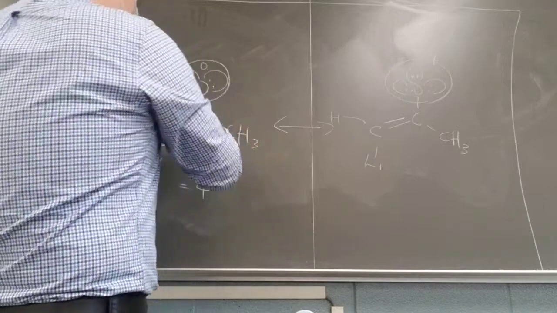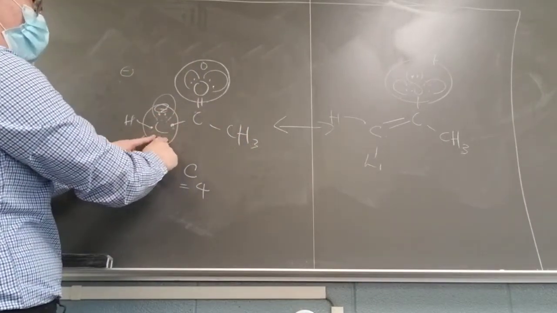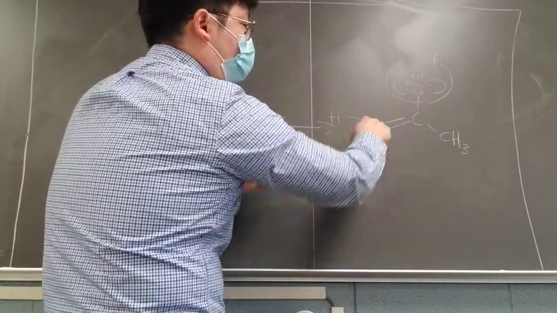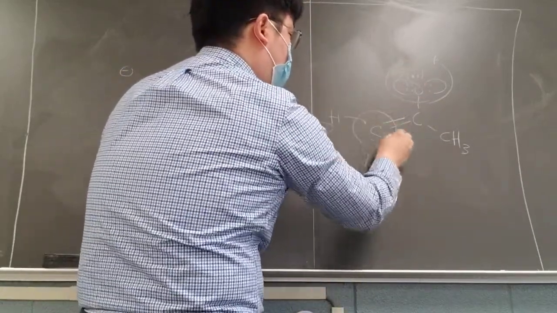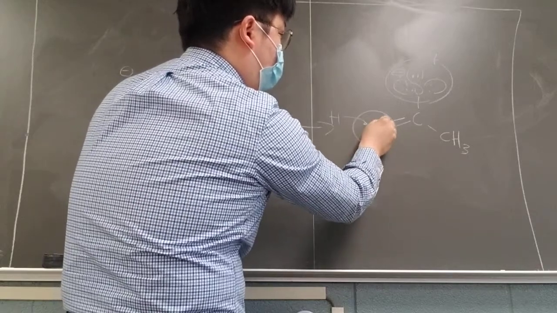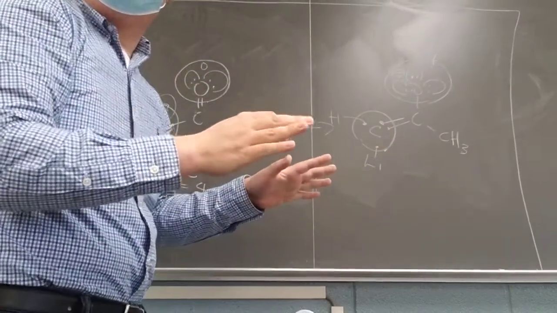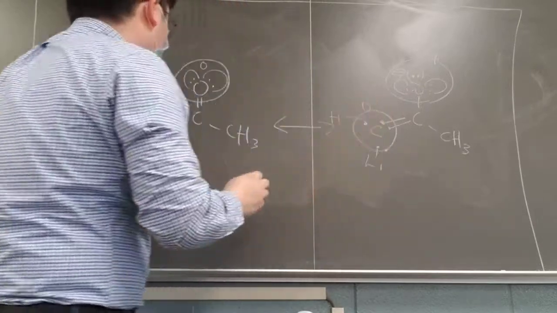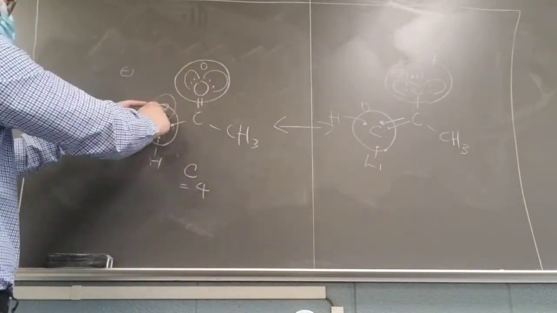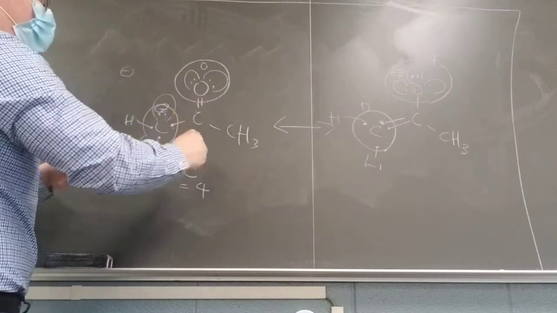So now the negative charge that was on the carbon is on the oxygen. Look at this one again: 1, 2, 3, 4. Now it's good. So you see the change in the location of the lone pair and a double bond.